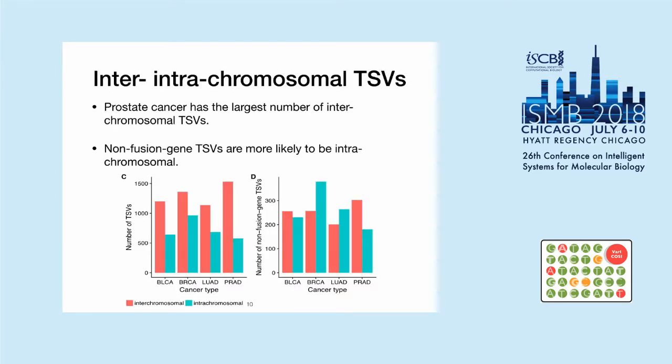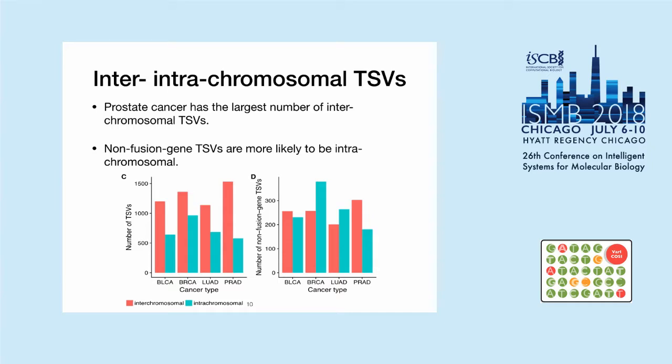After we separate the TSVs further into interchromosomal and intrachromosomal types and compare the number of the 2 types within fusion gene and non-fusion gene TSV categories, we observed that prostate cancer, which is this column, has the largest number of interchromosomal TSVs for both fusion gene and non-fusion gene.